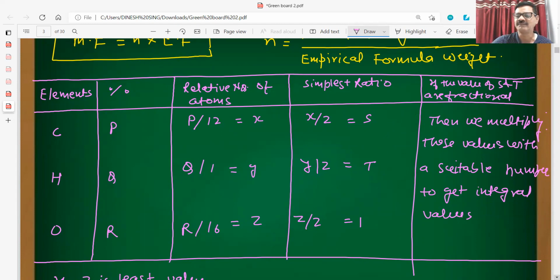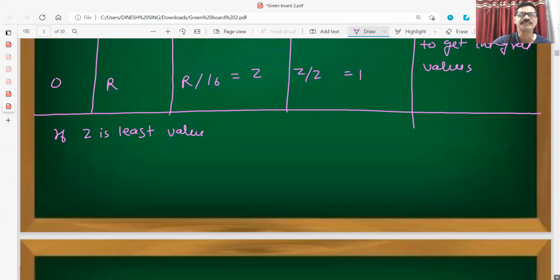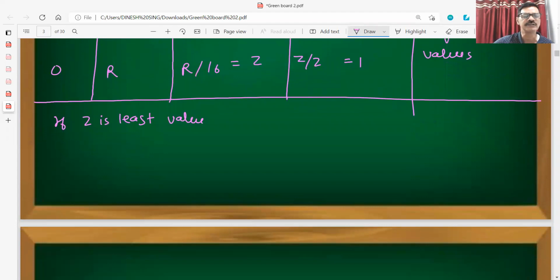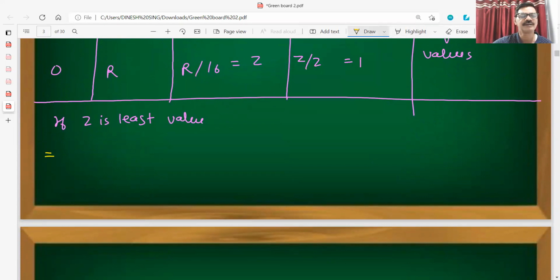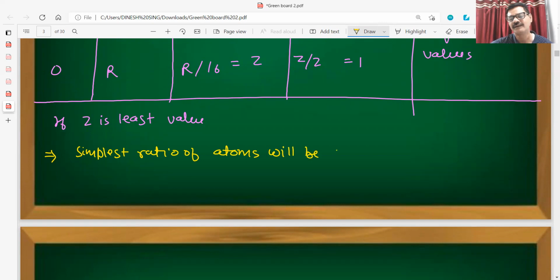In that way we will get the simplest ratio of atoms, which will be the empirical formula.